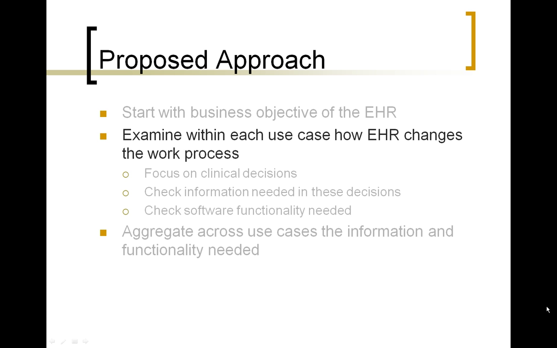Then, several use cases are developed to see how the electronic health record changes the work process. A use case is a description of interaction between the system and the electronic health record. A use case focuses on a specific clinical decision. Then the information needed in this decision is examined and the role of the system in meeting these needs is clarified.